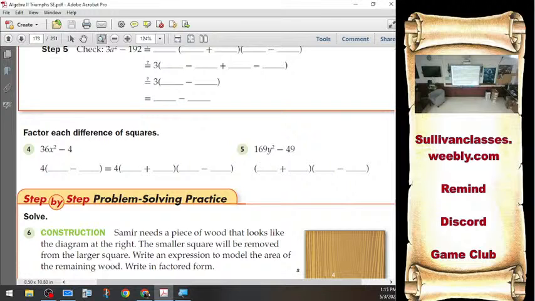They told you, hey, your kid brother's in the way. Take your kid brother out. Okay, now that he's out of the way, just like we did up here, what's the square root of 9x squared? So just 3x.